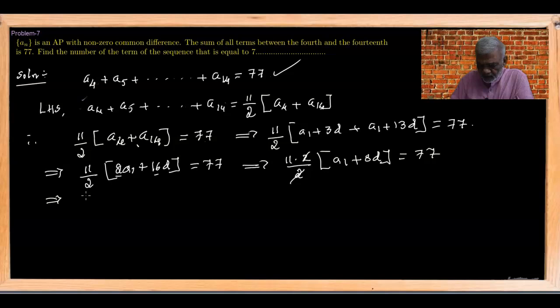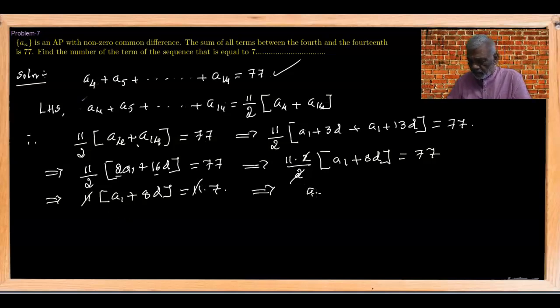This implies 11 into A1 plus 8D is equal to 11 into 7. And this implies this 11 is getting cancelled on both sides: A1 plus 8D is equal to 7.